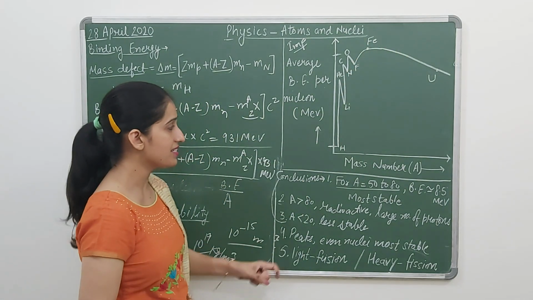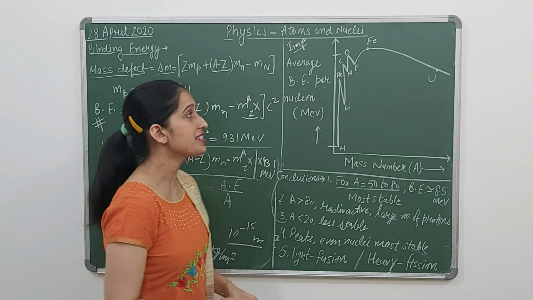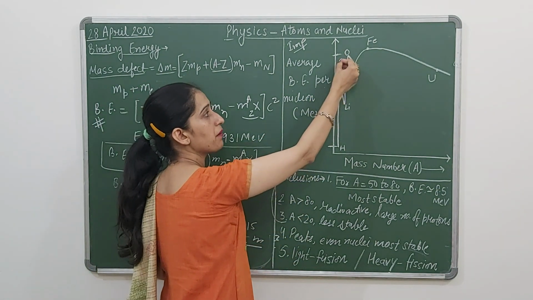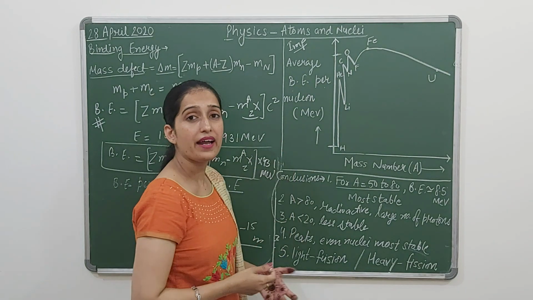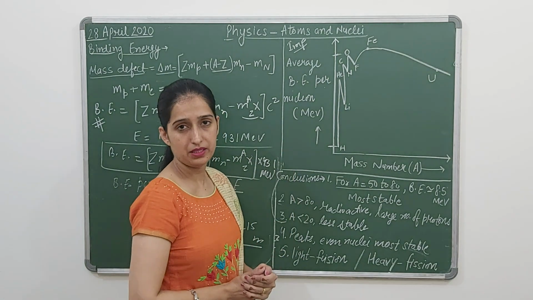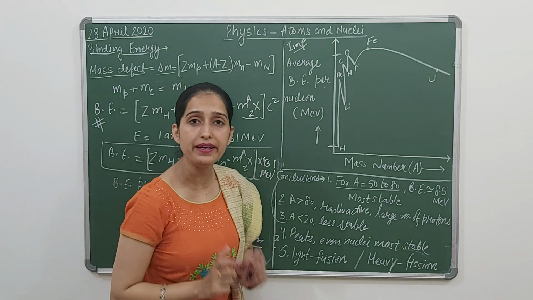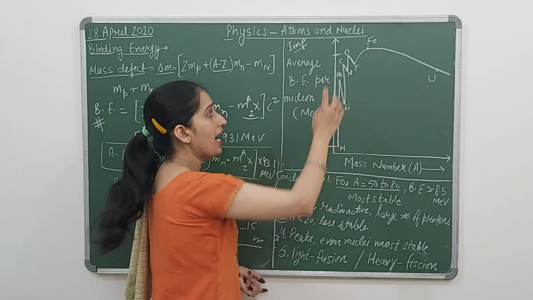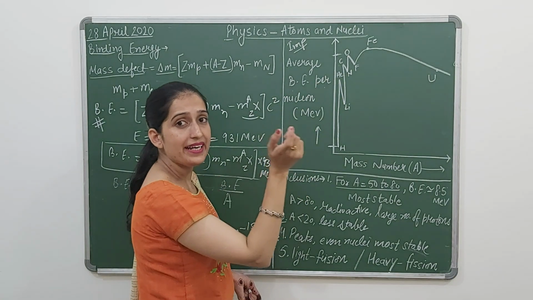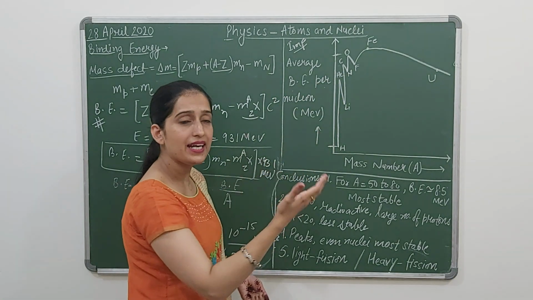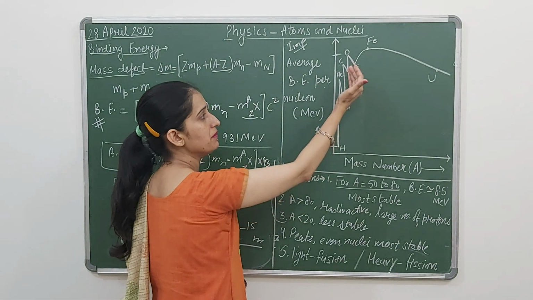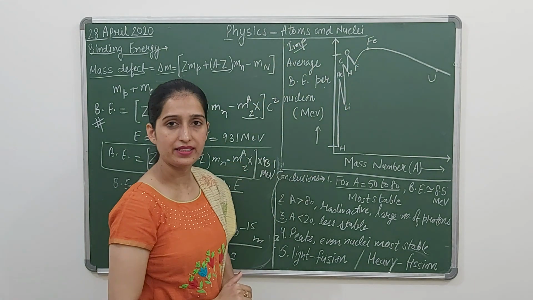The next point is these peaks. You can see helium, carbon, oxygen, all are having even mass number. This graph is showing the experimental observation. They are having binding energy more than those of lithium, nitrogen and fluorine.